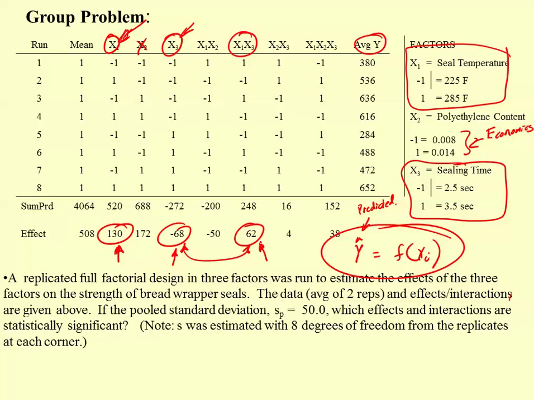And to do that, we need to think about what is an effect. I've asked this several times. Who wants to do this in words? Explain the x1 effect in words, please. Who thinks they got it? Jeff.